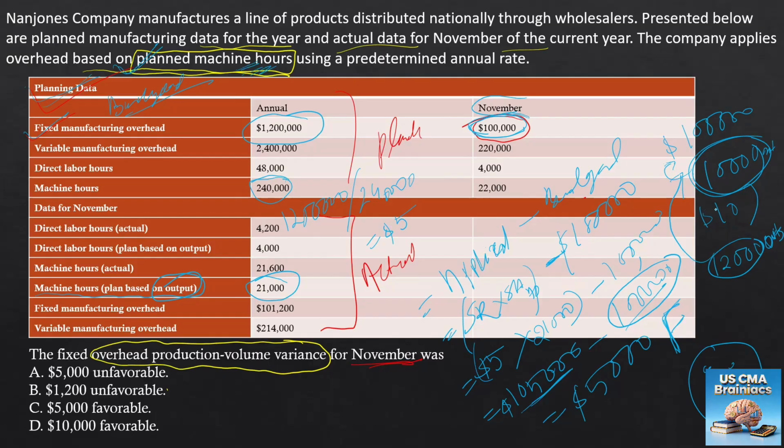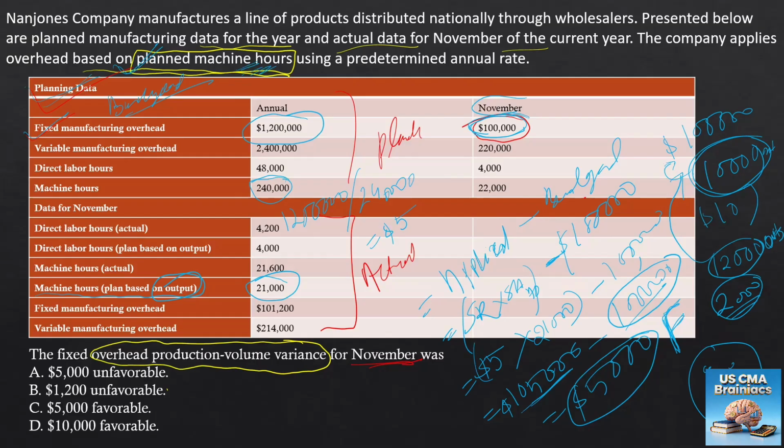When you produce more than your expectation, your cost will be spread over the next 2,000 extra units. Then you will be happy. So that's why 5,000 is favorable. Clear? Yes, sir. Got it.